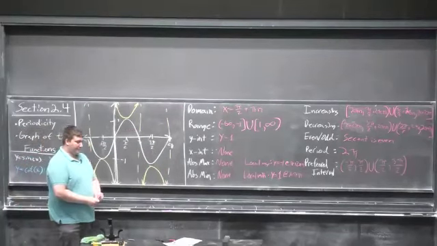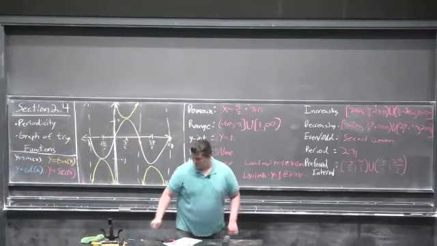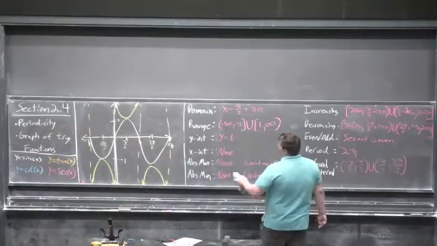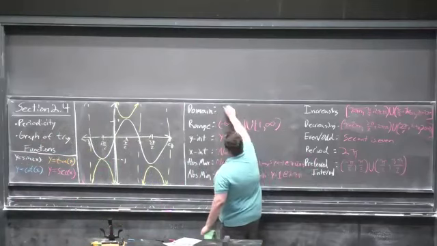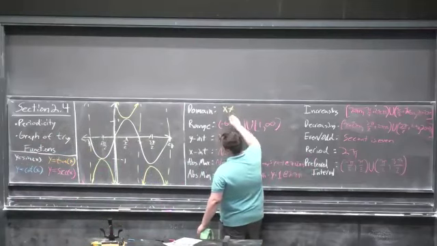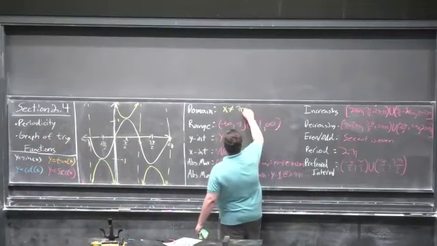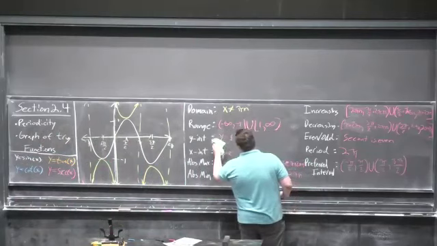Okay. And filling this out, we can see that the domain is now x when it's not equal to pi n. The range will remain the same.